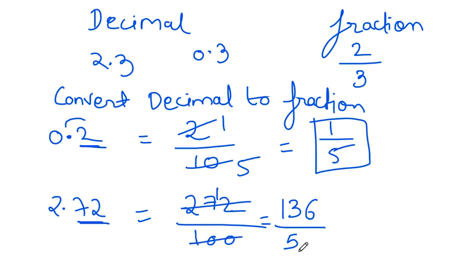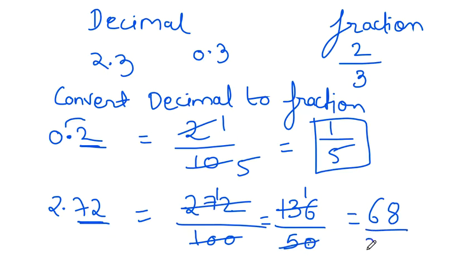Again, 136 and 50 go in which table? They are even numbers, so it will go in the table of 2. 2 sixes are 12, 1 gets carried over, 2 eights are 16.